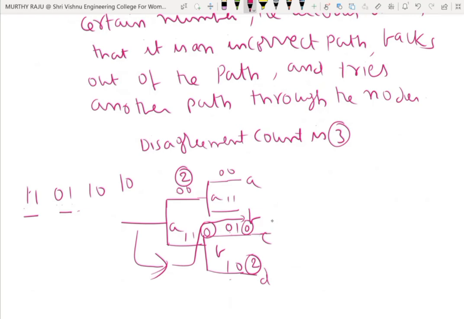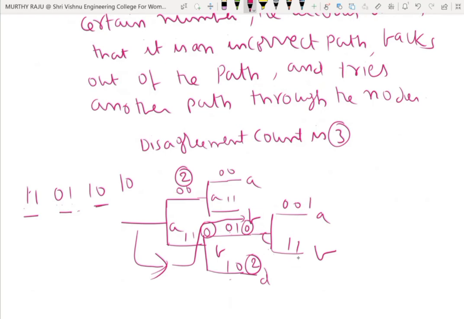Here again at C, to A, C to B, 0 0, suppose 1 0, this is 1 1. The third one is 1 0. Here the discrepancy count is 1. The previous one is 0, 0 plus 1 is 1.